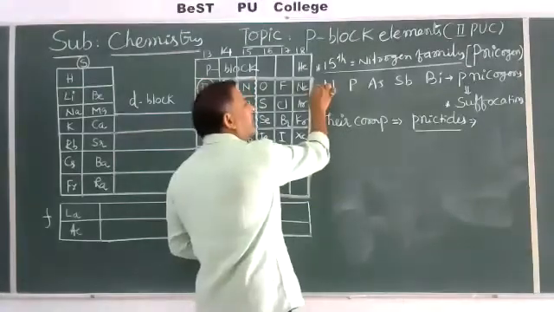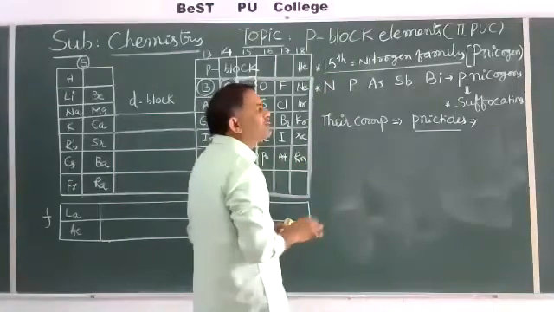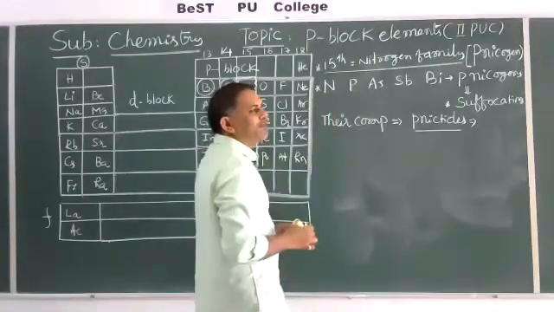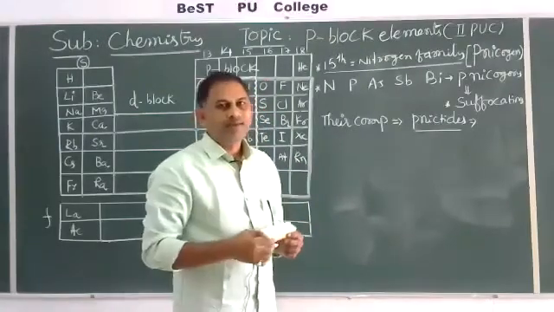Now, nitrogen, phosphorus, arsenic, antimony, and bismuth, the nitrogen family members, are called pnictogens.